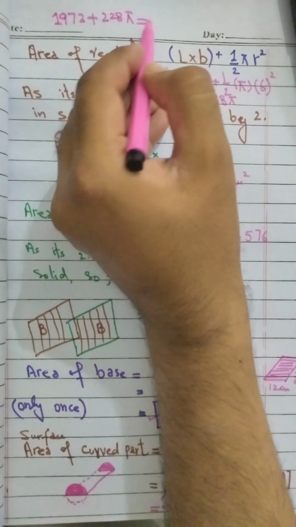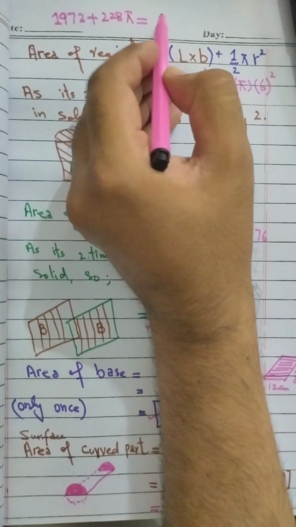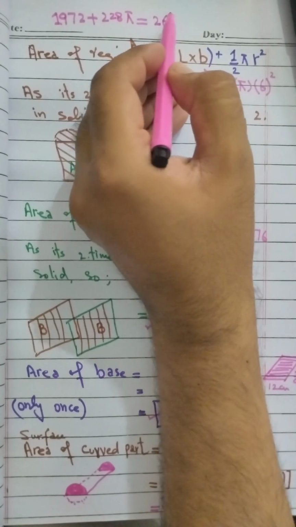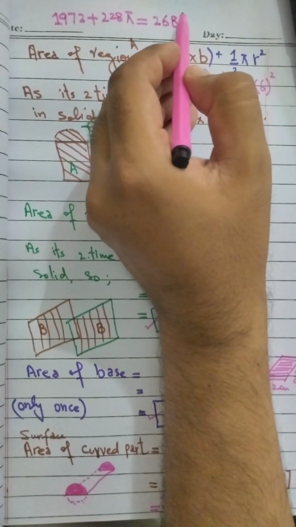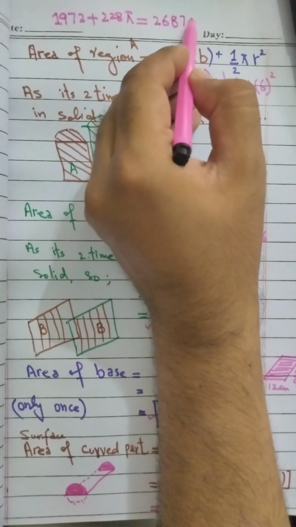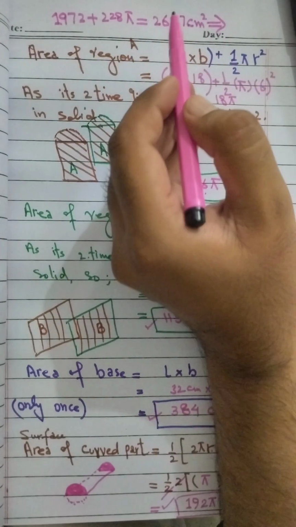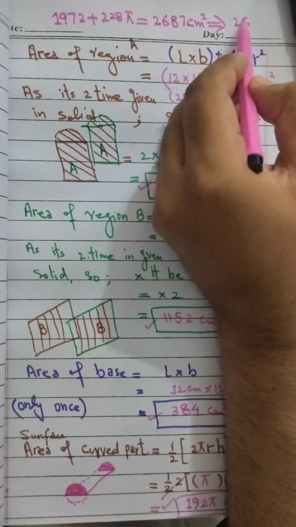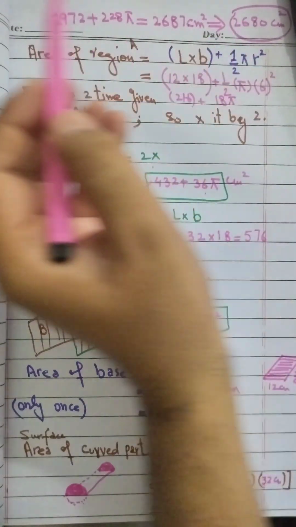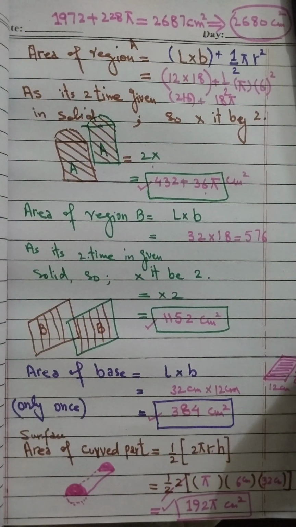Multiply by 3.14 and add 1972, and it becomes 2687 centimeter square. When we round it to three significant figures, it becomes 2680 centimeter square. So this is our final answer. I hope you got that. Take care.